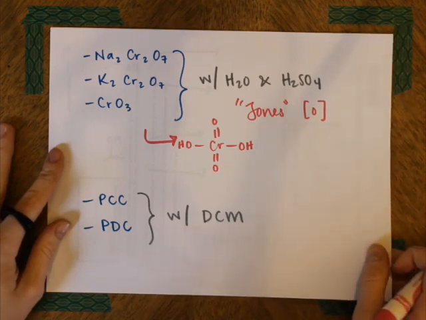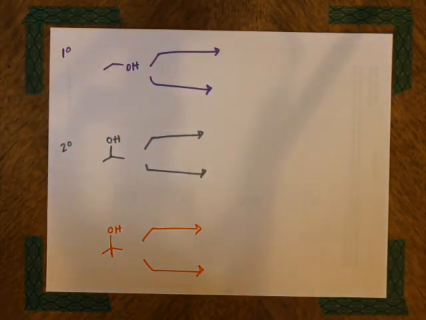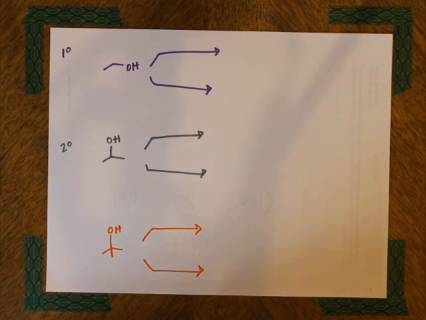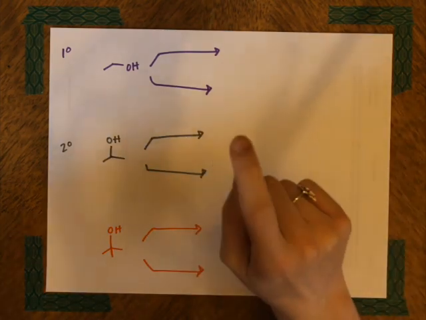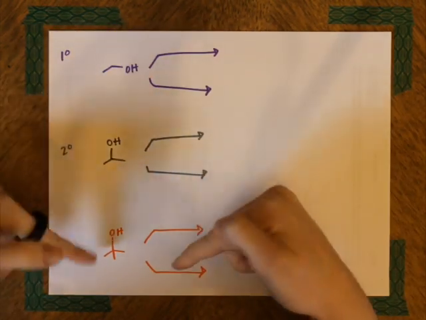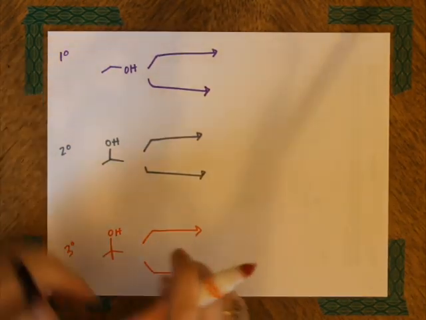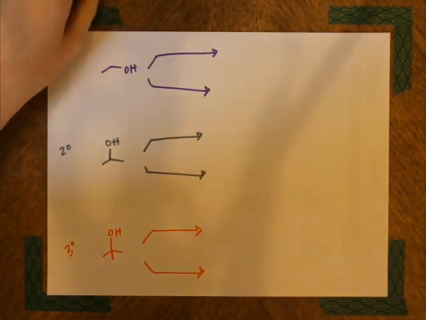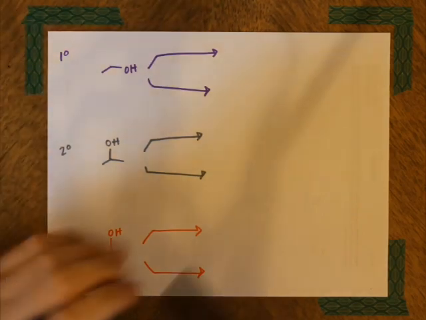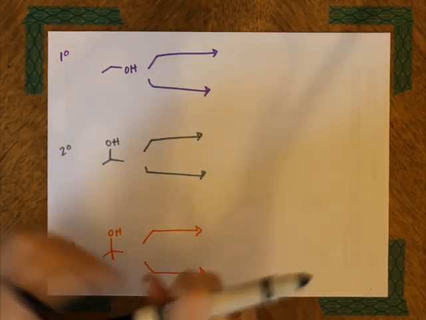So let's look at what that might look like functionally and practically. We have three different scenarios that we could be in. We could be working with a primary, secondary, or tertiary alcohol, and we can have these different reactions. I'm just going to use the same thing for all three of these.